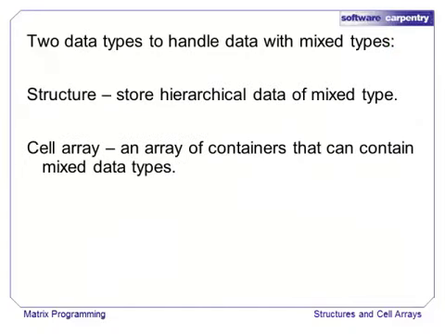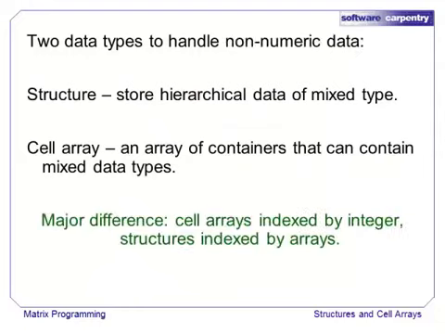Cell arrays are one of two related data structures. The other is called a structure. Both can store mixed data types. The difference is in how we index the data. As we will see, cell arrays are indexed by integers, just like regular MATLAB arrays. Structures store data in key-value pairs and can be used as an equivalent to Python's dictionary or Java's hash map.